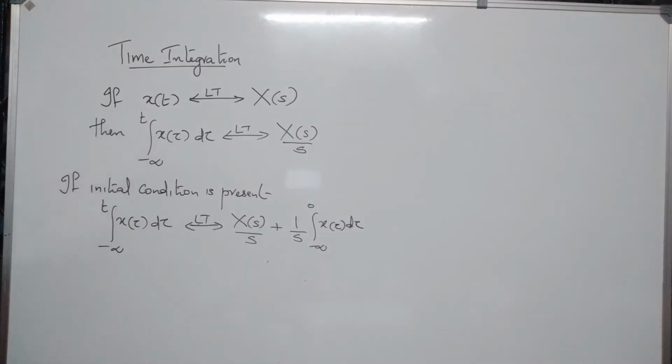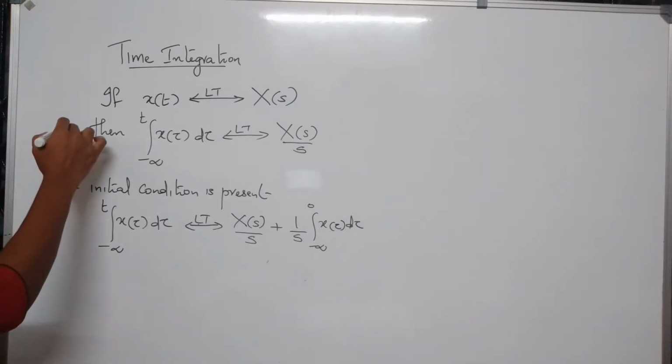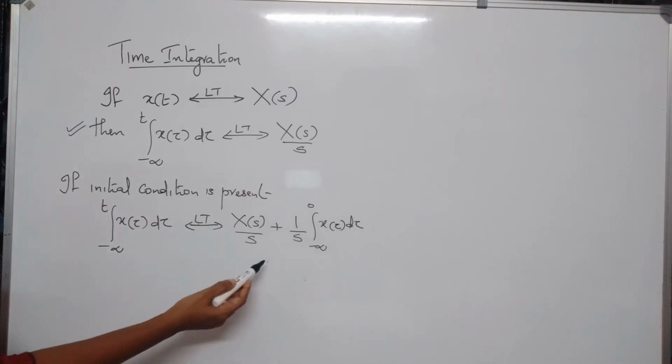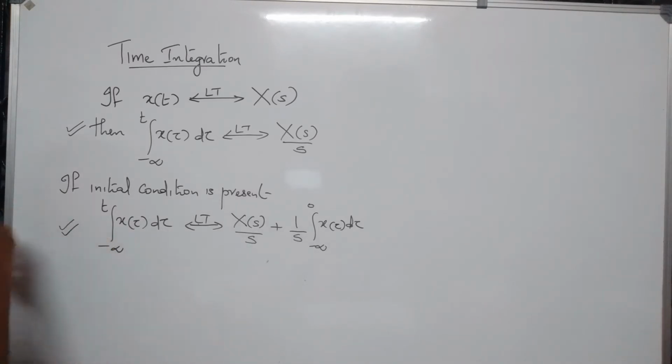So this is the property if initial condition is given. If initial conditions are all 0, then you can directly apply the first one. If initial condition, that is, if voltage across a capacitor or current flowing through an inductor is given, we will have to apply the second one.